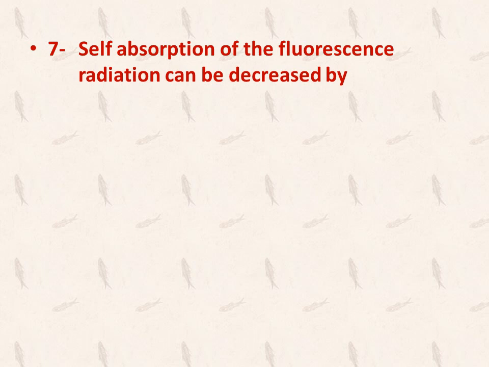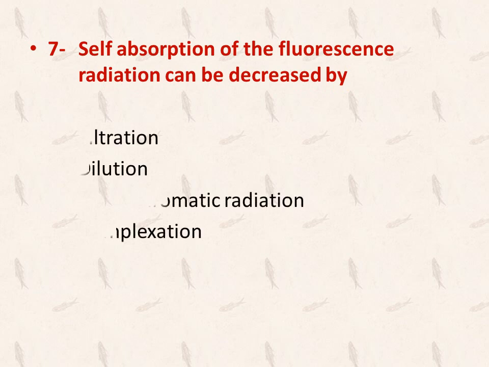Then question number 7, and it is regarding the interferences in fluorescence spectroscopy. So let's see the statement. Self-absorption of the fluorescence radiation can be decreased by, let's see the options.